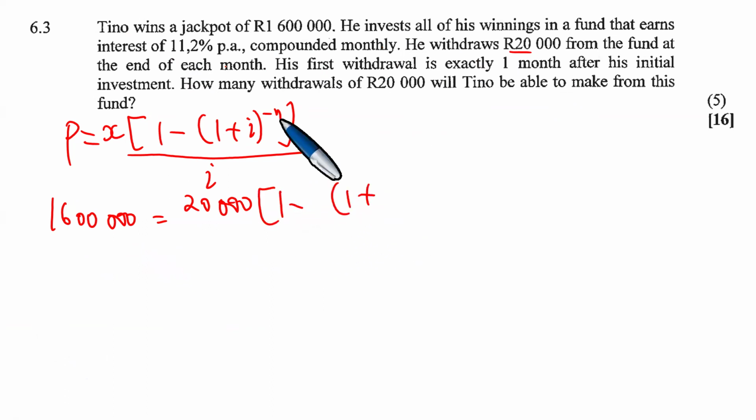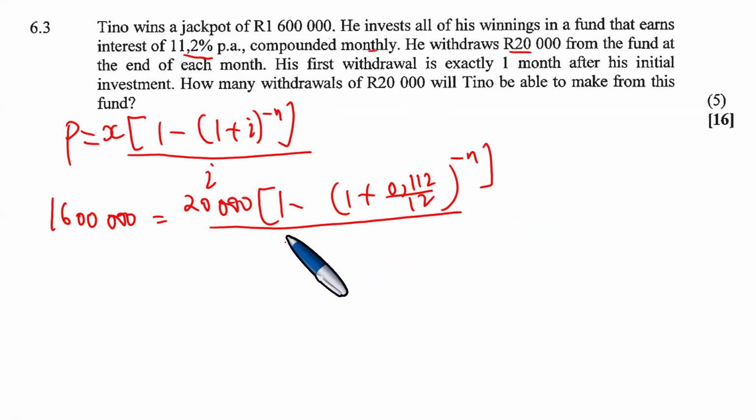1 minus 1 plus. The interest rate is actually 11.2% per annum, but it's compounded monthly, which is, you can divide this 11.2 by 100, giving us 0.112. Because it's compounded monthly, divide by 12. Raised to the minus n.